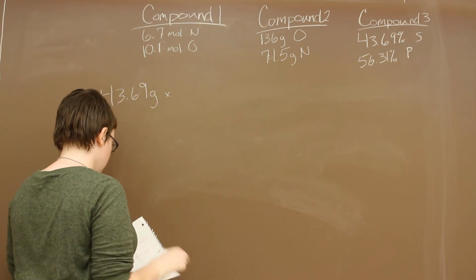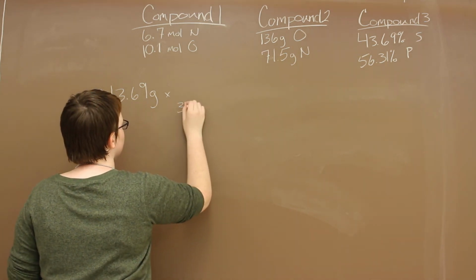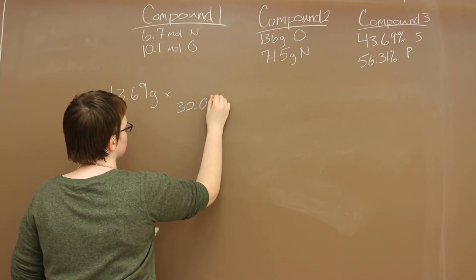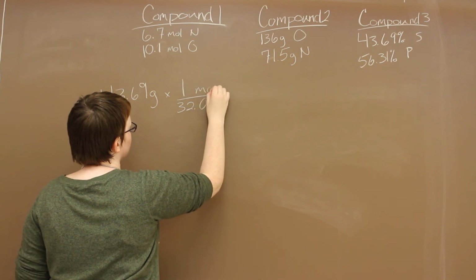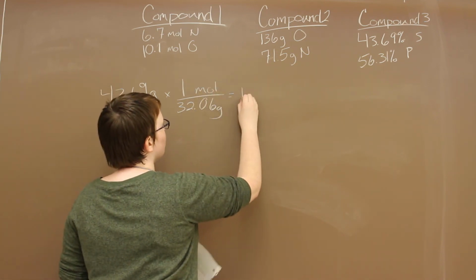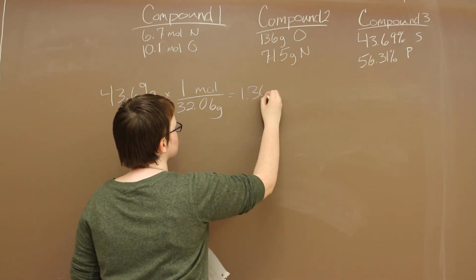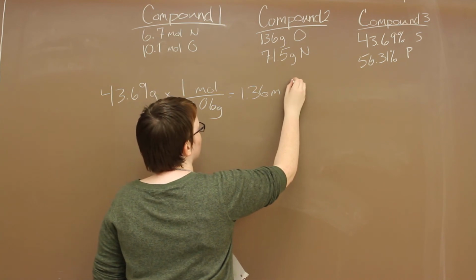The molar mass of sulfur is 32.06 grams per 1 mole. If we multiply that out, we get 1.36 moles of sulfur.